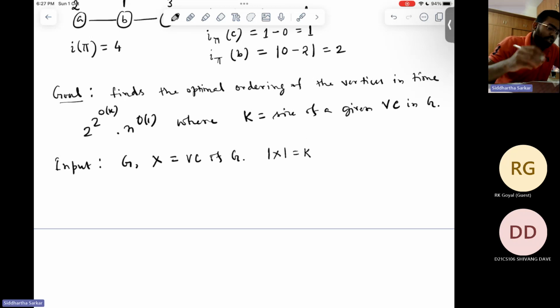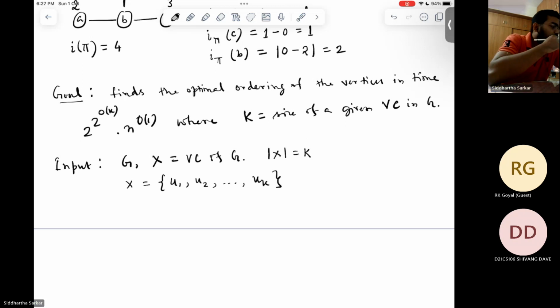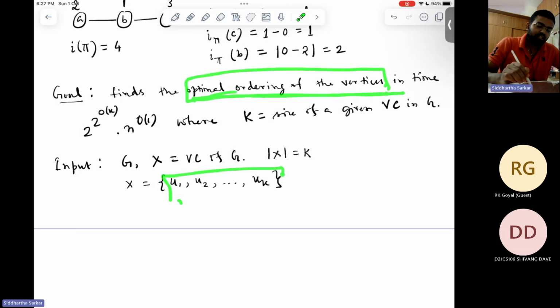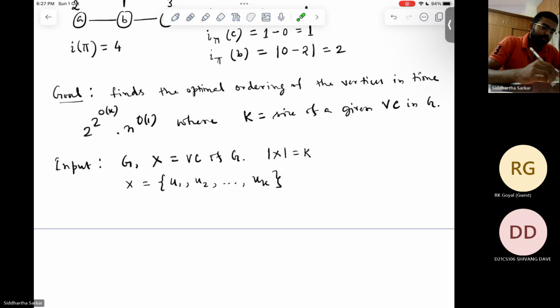All right. So let us say that the vertex cover given to us comprises these vertices. In the optimal ordering of the vertices that minimizes the imbalance, there is an ordering of the vertices that are part of the vertex cover. So the optimal ordering of the vertices of the whole graph imposes a fixed ordering of the vertices of this vertex cover.